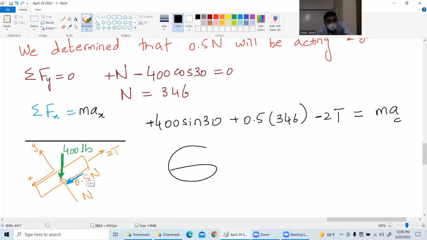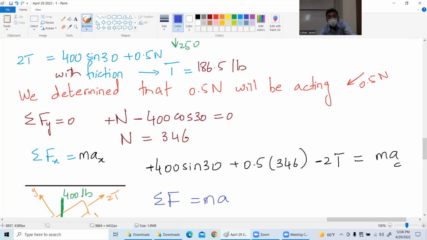Now, for those of you who are saying, why did you define your X here? I already told you quite a few times that your XC is defined from the reference, which is somewhere here. Now, we will just finish the problem by doing the last bit, that is summation of forces is equal to MA.